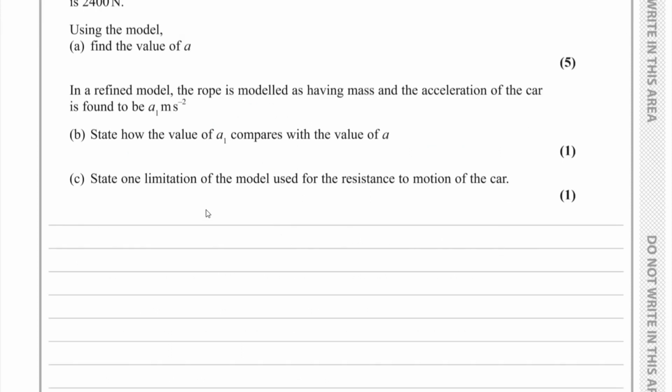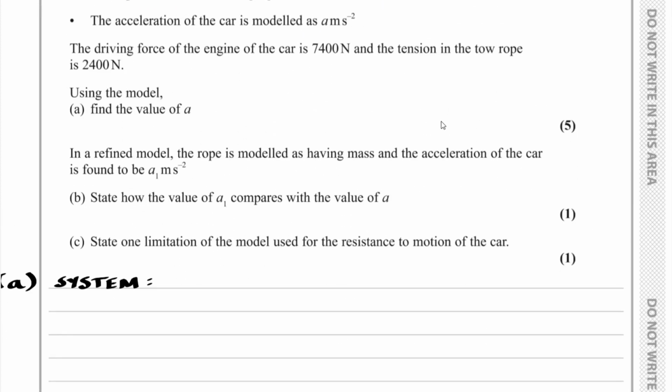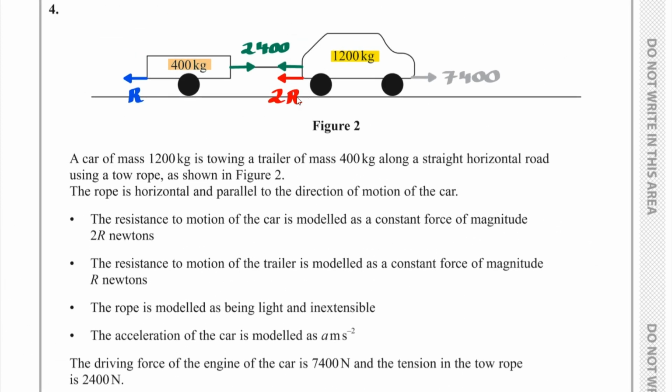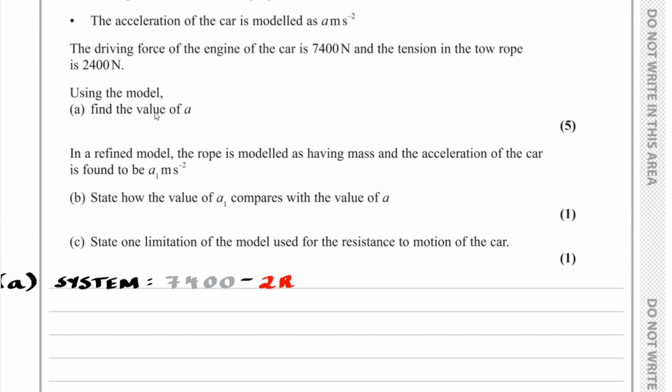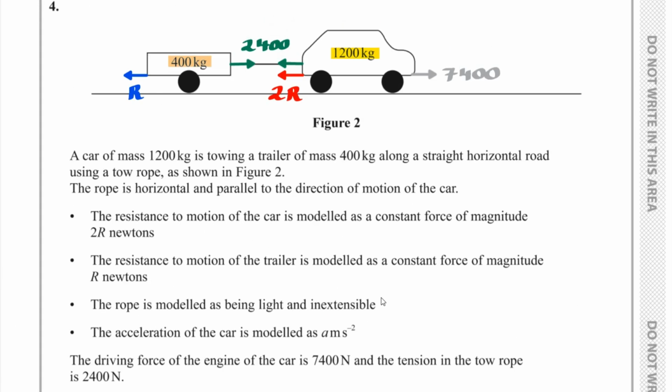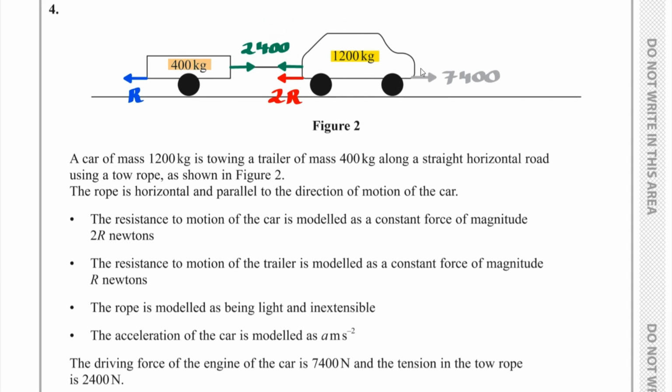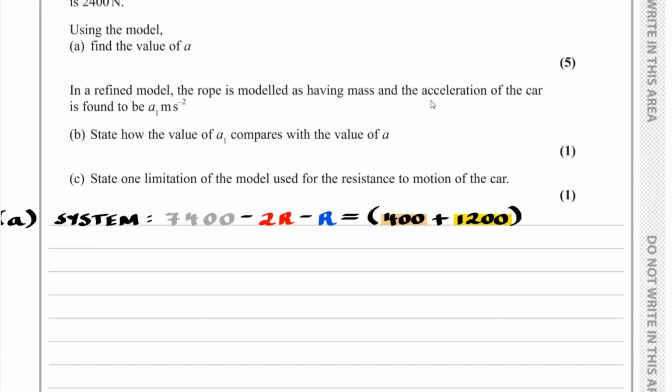So if I consider the entire system, going forward I've got the 7,400, opposing it is the 2R, and I've also got this R which opposes it. So this is the sum of the forces, and this is equal to the mass. So for the mass I need to add together the 400 and the 1200, and I multiply this by A. So if I tidy this up, I have 7,400 subtract 3R equals 1,600A.